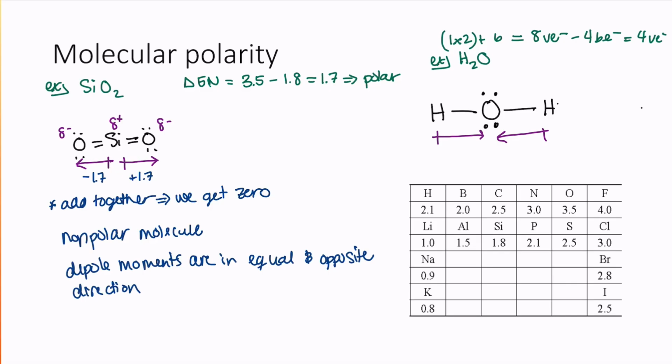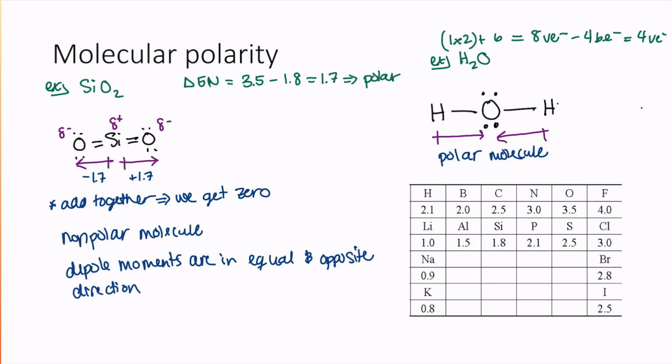So when I put all of those four together, they're not going to cancel out. So that means this is a polar molecule. And that's because the dipole moments do not cancel out.